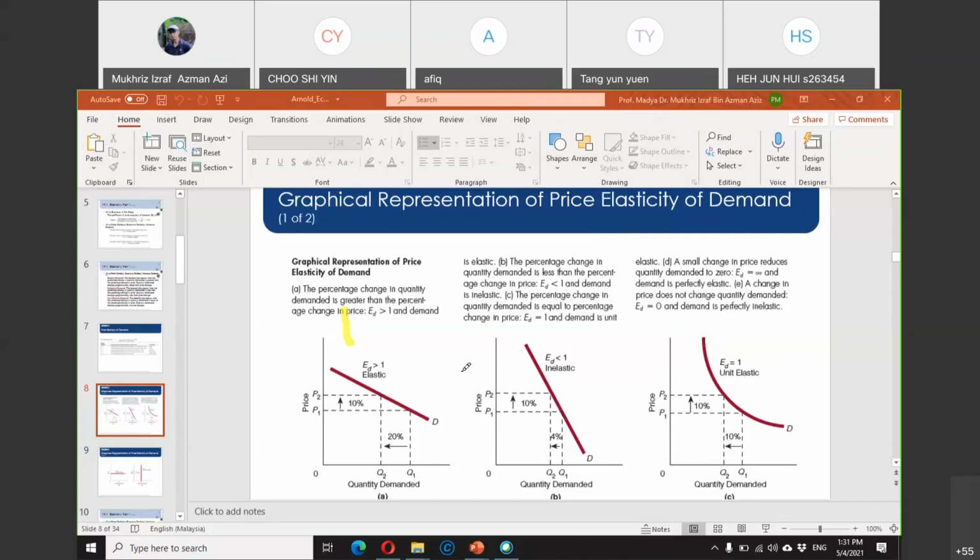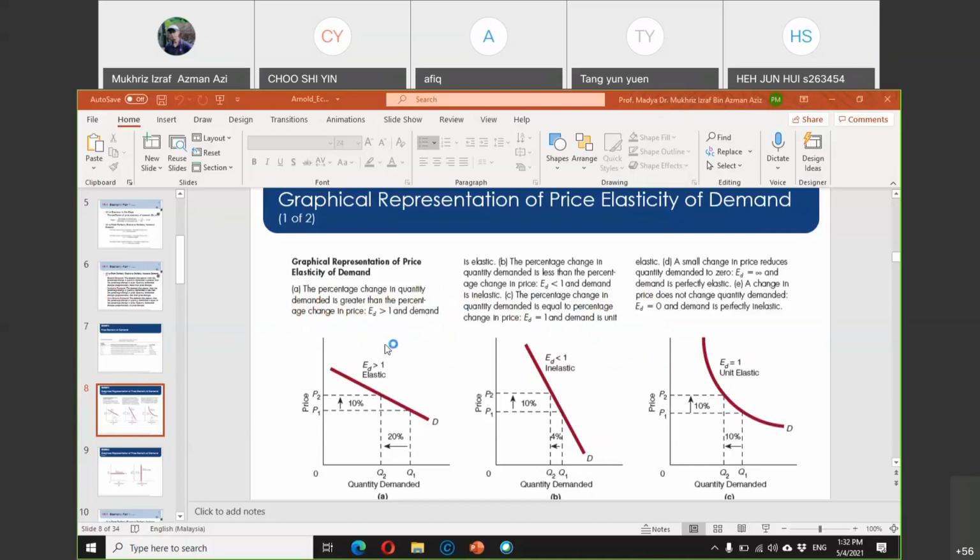The idea is, first, elastic demand: the percentage change in quantity demanded is bigger than the percentage change in price. In order to achieve that, the numerator should be bigger than the denominator.